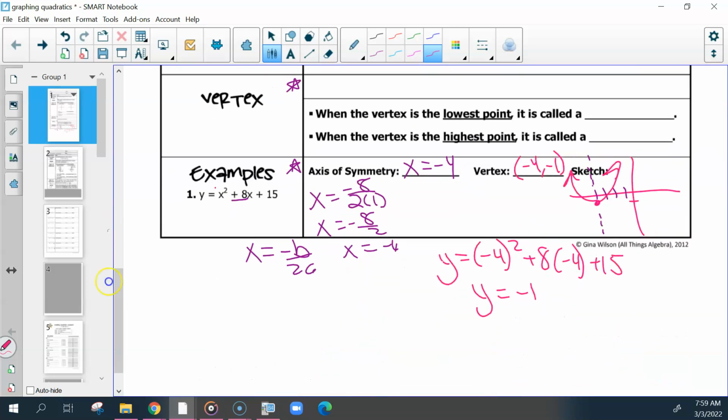So this one has a positive a, so then it would go up. Other questions on that one? Once you finish your rough sketch, we're going to move on to the next one.